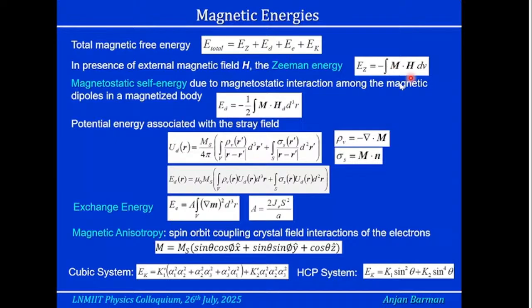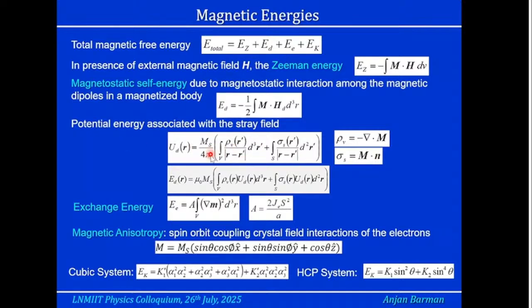Then the magnetostatic self energy, or the demagnetizing energy, is given by minus half the integral of m dot h d cube r, and the potential energy is associated with the stray field hd, which can be found out from here.